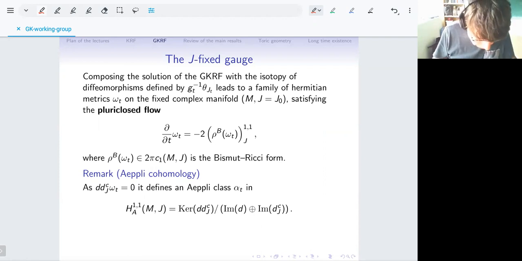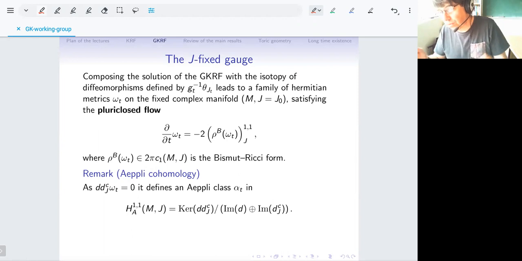Now, the modification we need here is that we don't have de Rham classes because ω_t is not in general closed, but it's this pluriclosed condition, it's dd^c closed. And actually in complex geometry, they have studied this cohomology, Aeppli cohomology, which is just the space of (1,1) differential forms which are dd^c closed, but you quotient by the image of d and d^c instead of dd^c, because if you quotient by dd^c, that's infinite dimensional.